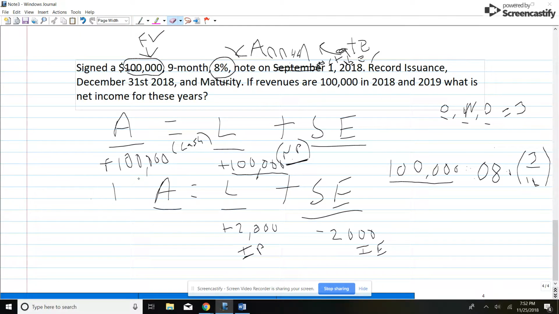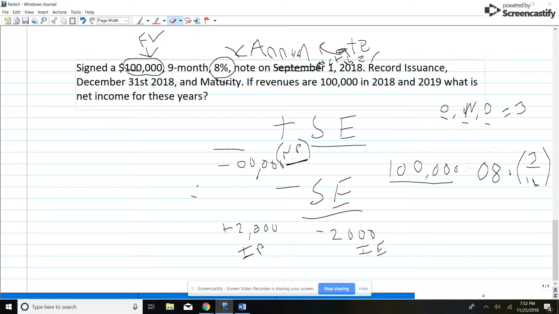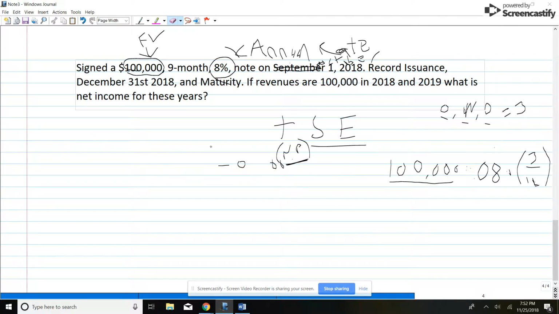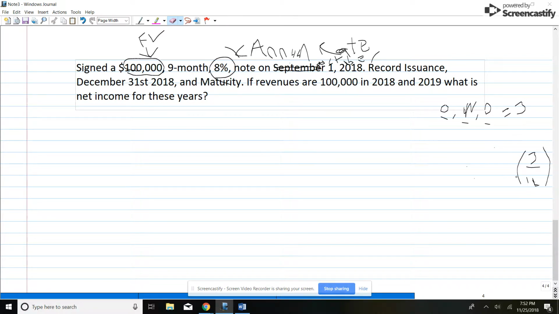So now finally, to wrap this part of the problem up, we have to record what's going to happen on the maturity date. There are actually two different ways to do this, and I'll go through both of them. Whichever way makes more sense to you, go for it.